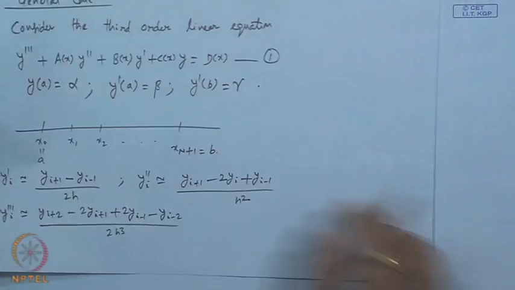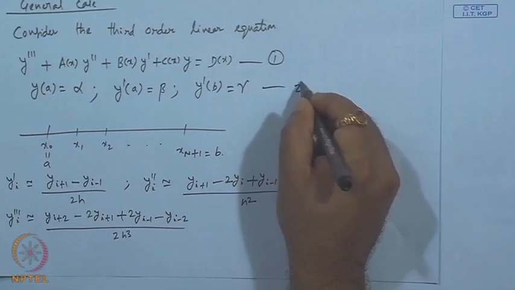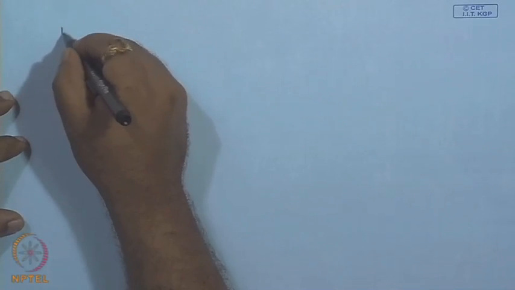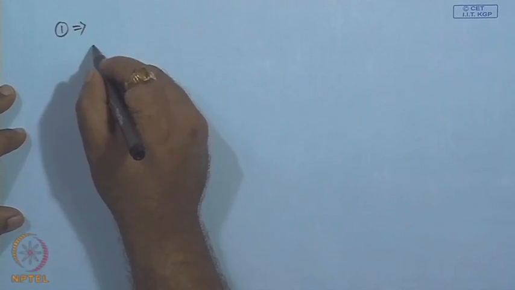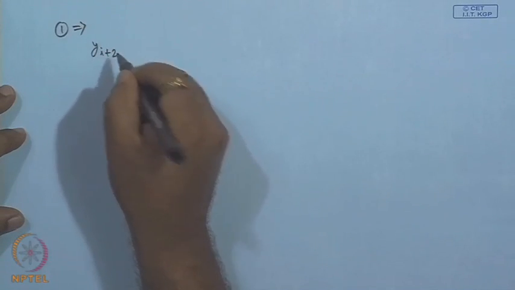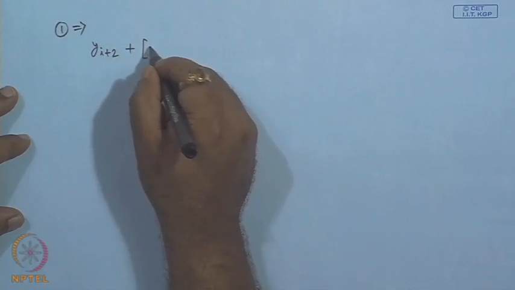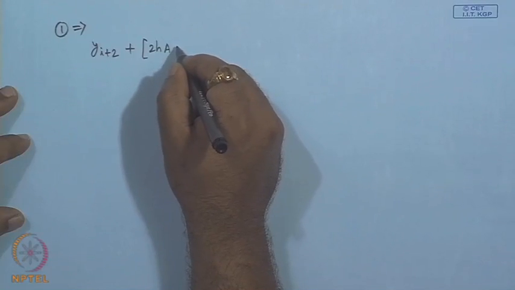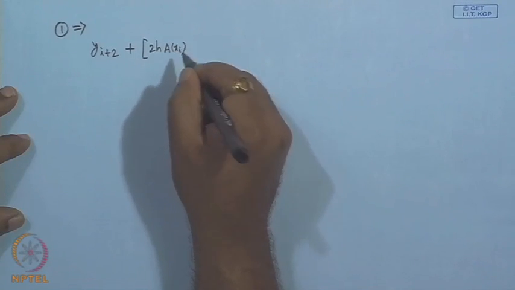So, now with these approximations, one gives say a xi.